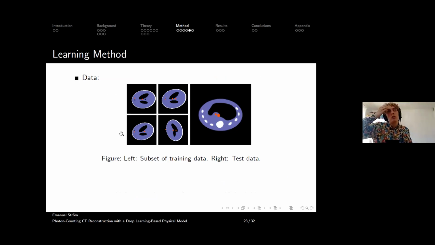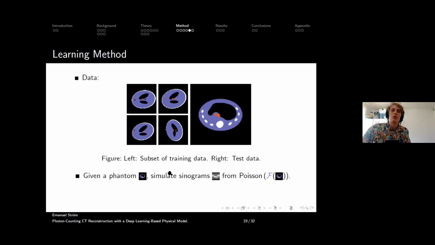So the training setup is basically that for each of these training data points, we simulate sinograms by drawing from a Poisson random variable determined by this forward operator. And then we use the learned forward operator to do iterative reconstruction.